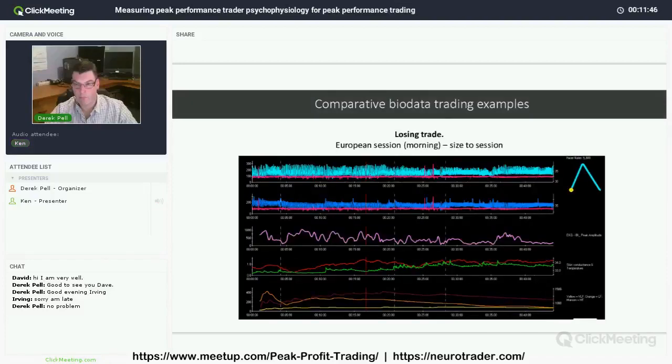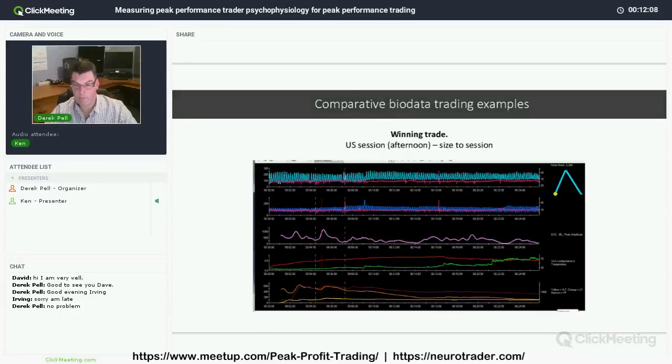And then if you see a losing trade, you can see what temperature does. It's profound. Every single time, every losing trade, you're unable to maintain a smooth temperature. It's just physically absolutely impossible to do.